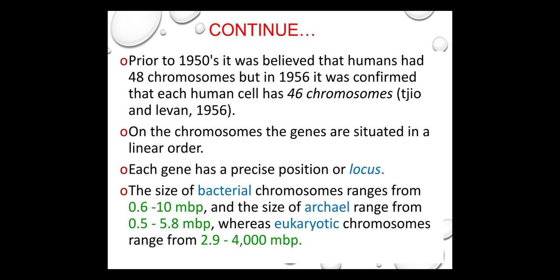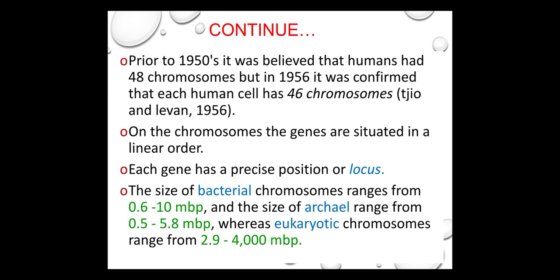Prior to the 1950s, it was believed that humans have 48 chromosomes, but in 1956 it was confirmed that each human cell has 46 chromosomes. On the chromosomes, the genes are situated in a linear order. Each gene has a precise position or locus.